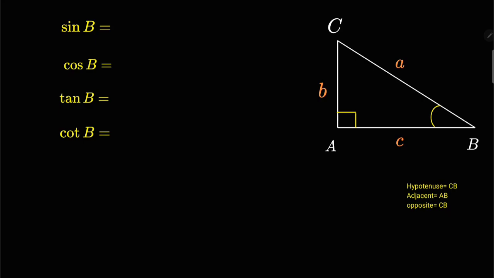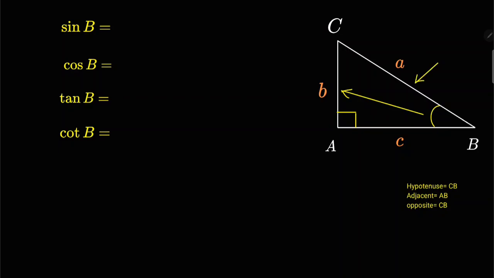Here, the sine is defined as the opposite divided by the hypotenuse. The opposite of B is the side AC, and the hypotenuse, of course, is this one.